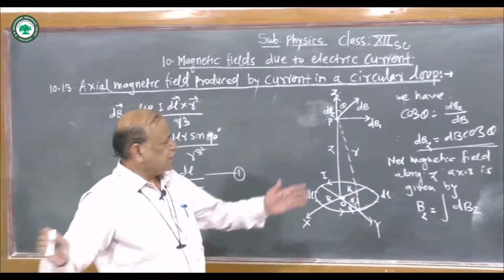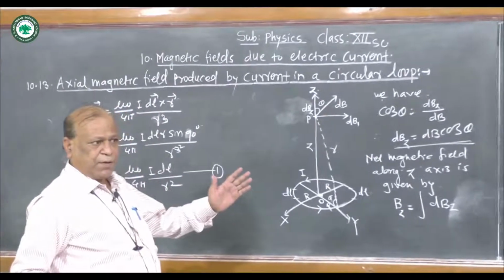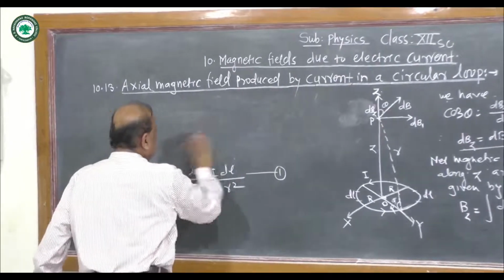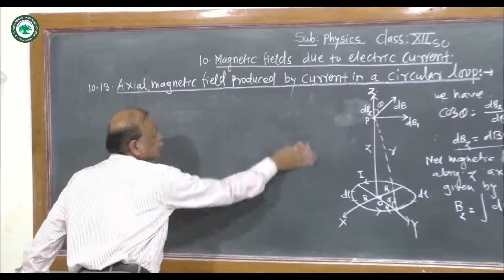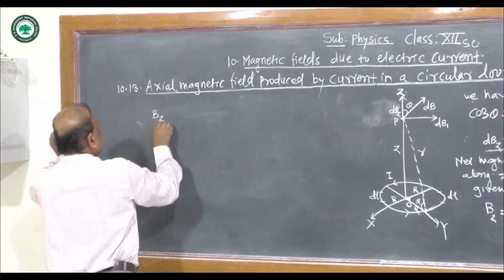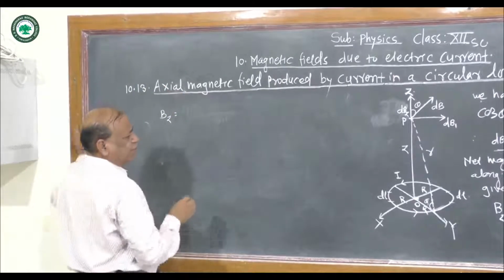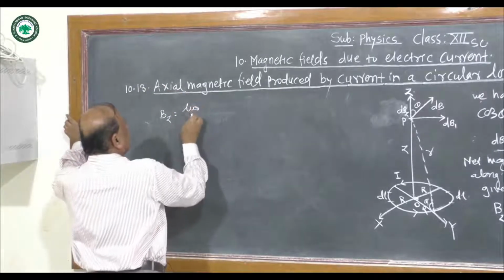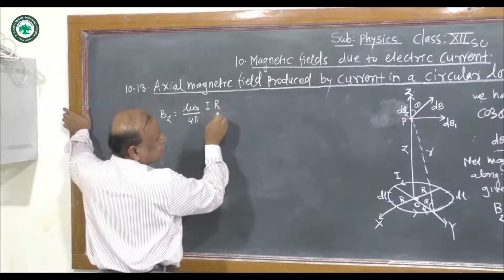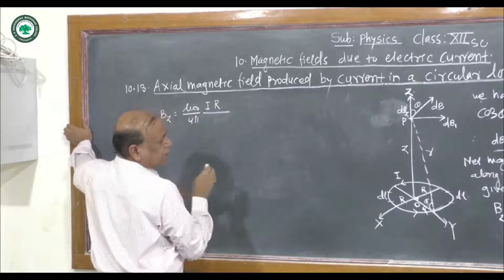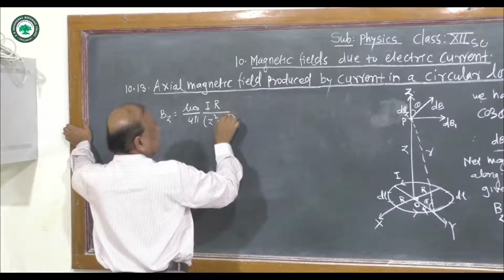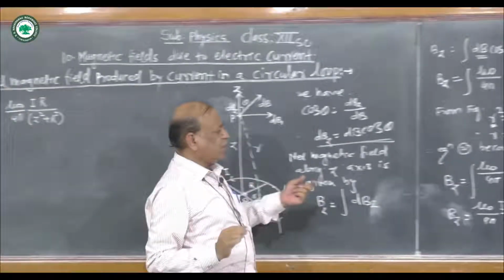Is it clear up to equation 3? Okay. Now we continue the equation. The axial magnetic field Bz will be mu 0 upon 4 pi, I R, divided by z square plus R square raised to 3/2, into the integration of dl.